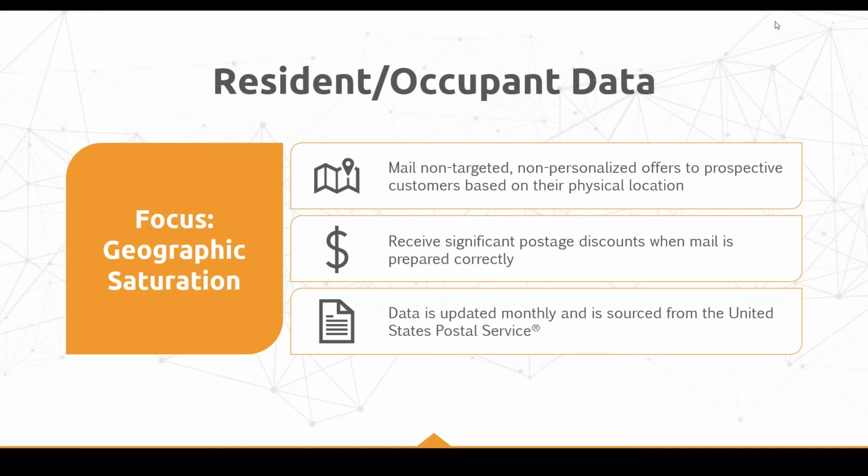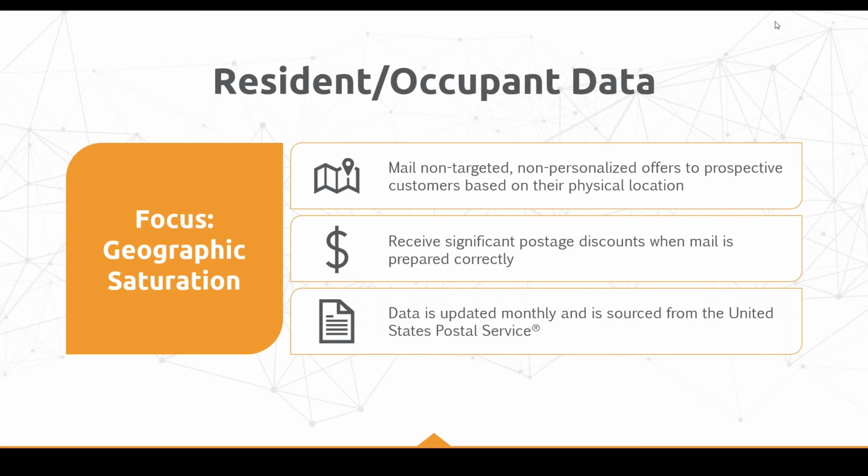So as Jeanette mentioned when she was referencing the chart, we're going to start with the resident occupant data. So this type of data is going to be ideal when you want to hit every single deliverable address in your specific geography. So really think about this as saturating everyone.